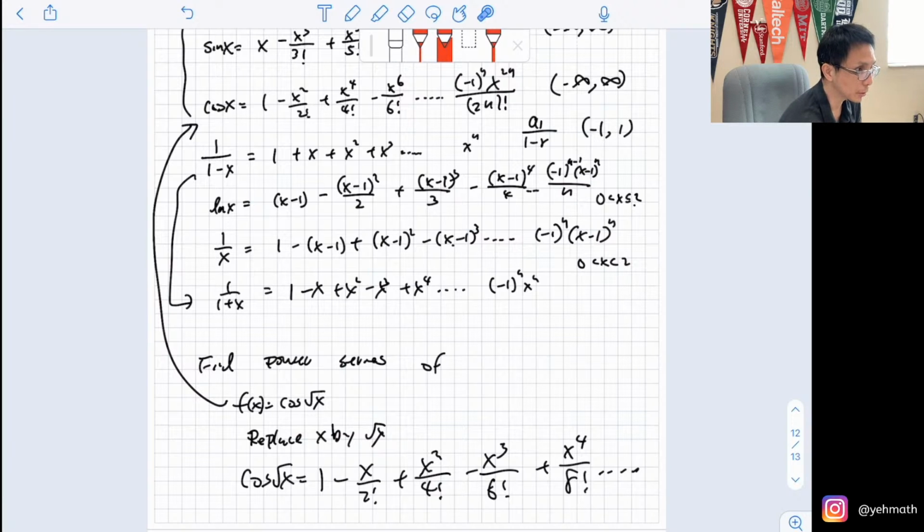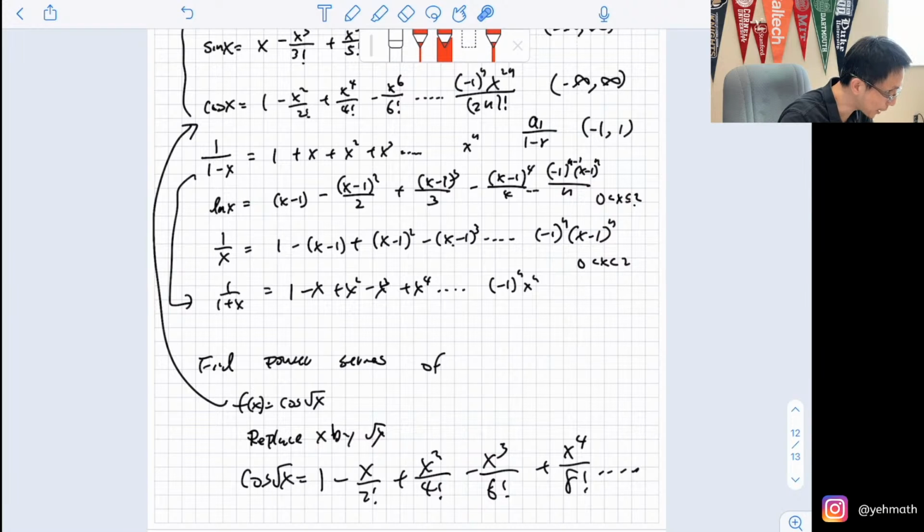All right, so those are the basic things. Now we're also going to talk about one other thing: what if the center is not at 0? Give me a second. Let me see where that example is. The last three of this series, the center is at 1, ln of x, 1 over x, and 1 over 1 plus x.